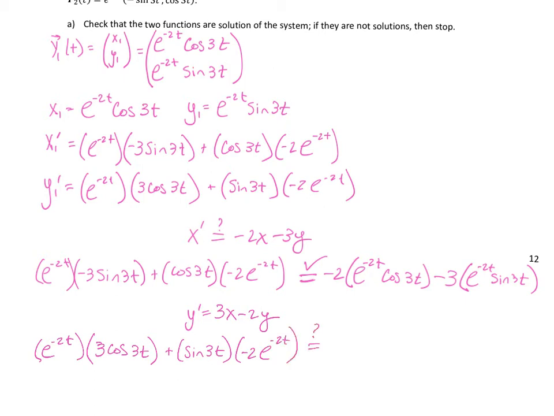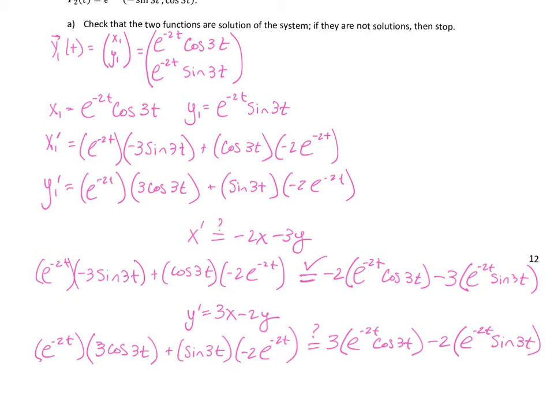Does that equal 3 times x? So 3 times x, which is e to the negative 2t cosine 3t, minus 2 times y, and y is e to the negative 2t sine 3t. So are these equal? So this term with the negative 2 corresponds to this term.